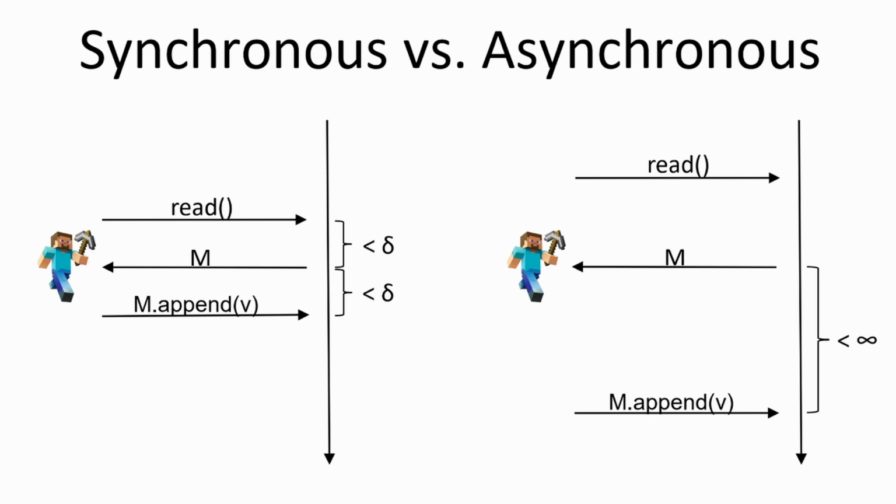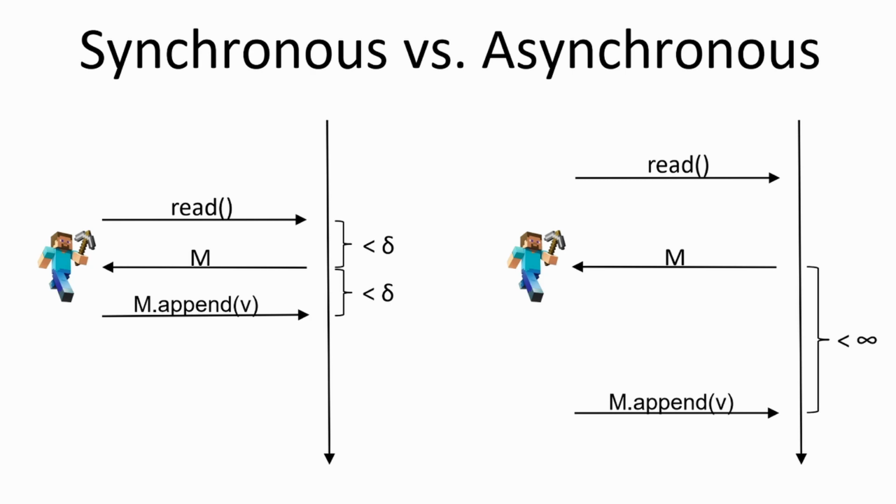We call a node synchronous if the time between any two operations of this node is bounded by some constant. So the time between submitting a read and receiving the view of the memory is, for example, bounded by some known constant delta, and the time between appending a value and this value being visible to other nodes is also bounded by this constant delta.